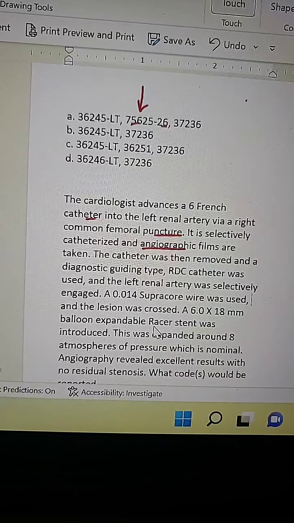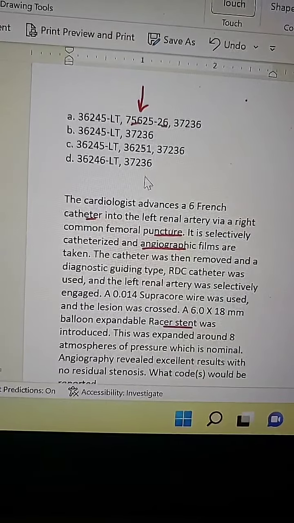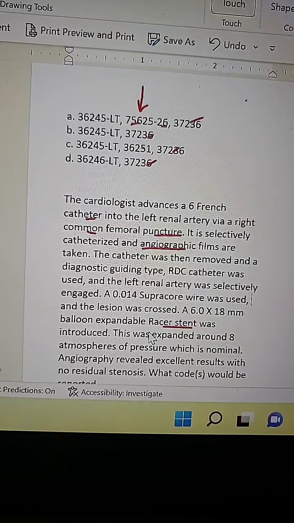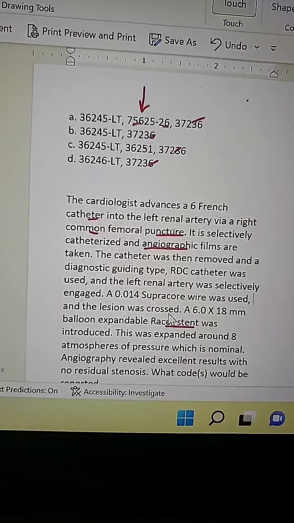Anything else? And we did a stent. We know our stent is in this code, which is in every single one of the codes. Oh, the 36. It's in the 36 code. So that's our stent. So you just need to know, is radiographic included in your catheterization or not, really?